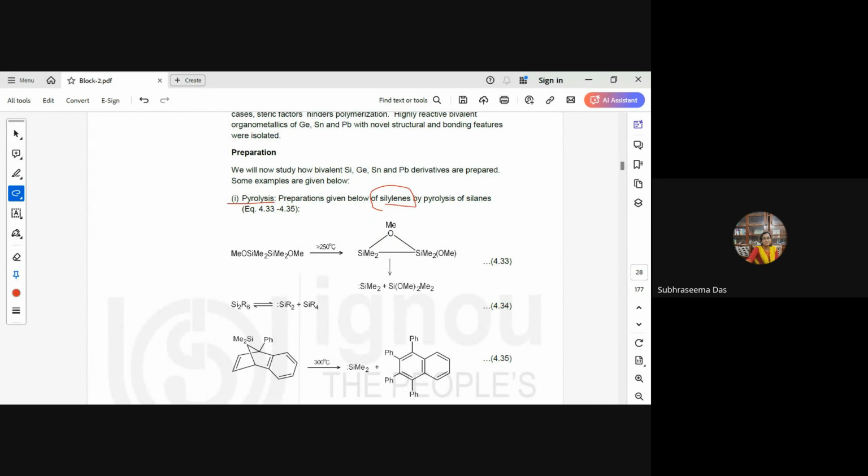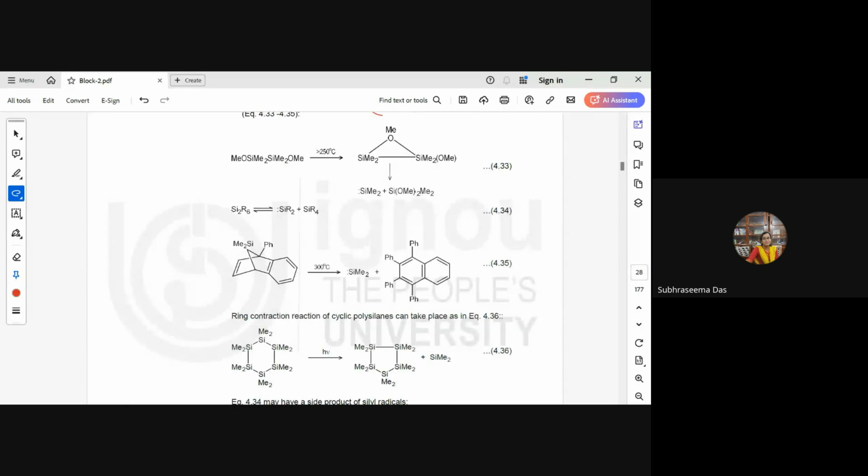If you look at equation 4.33, the temperature is kept above 200 degrees centigrade, and pyrolysis of silanes yields the bivalent compounds of silicon, called silylenes. Other methods are represented in equation 4.34, and in equation 4.35 you can see the temperature has been maintained at 300 degrees centigrade.